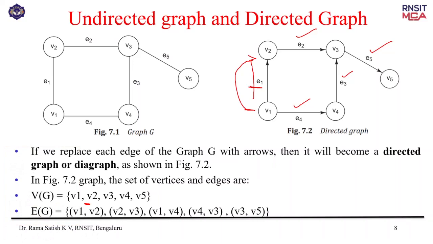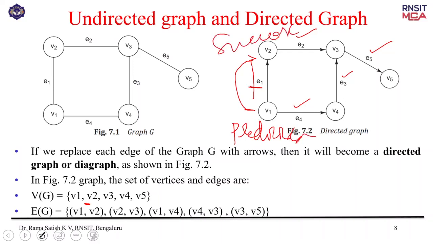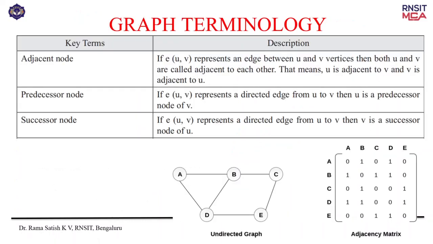A predecessor is the node that represents the start of a directed edge from U to V, where U is the predecessor, and V is a successor. That you have to understand.